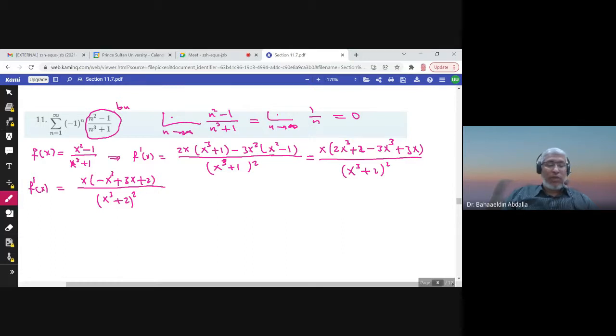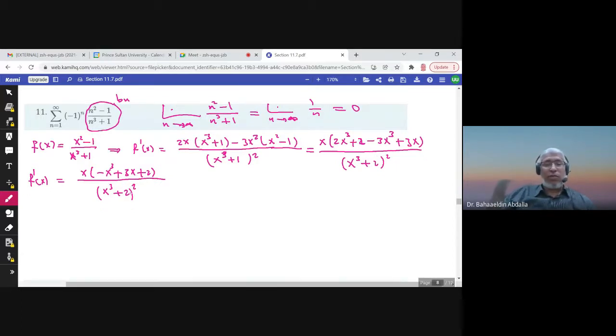It has 2 and negative 1. Yeah, factoring this is not easy.